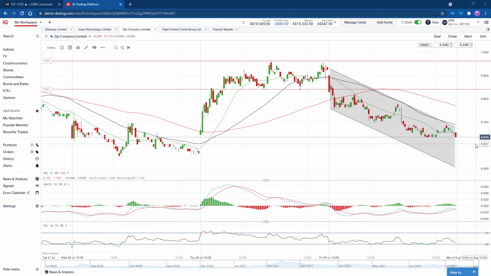Now, let me give you an example. If I buy 10 shares at 6.7, forget brokerage, I'll cover brokerage in a second, and the price goes up to 6.8, that's 10 cents, then I basically have 10 cents times 10 shares, a dollar.